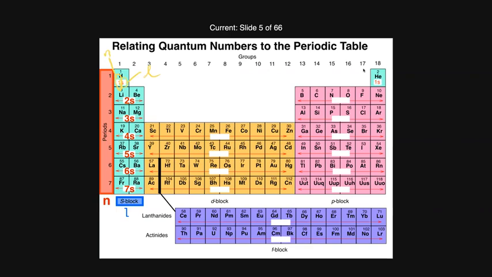So that would start from 1s, because n equals 1. You start from 1s, followed by 2s, followed by 3s, and so on. The reason this is 7s is that it's in row 7. The 7 indicates n, and the s is in the S block.